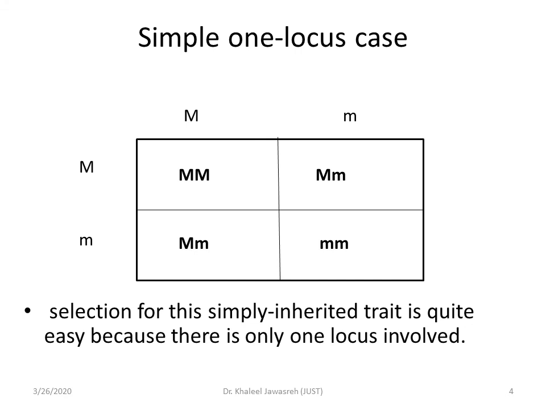And as you see from here, if we use what we call the Punnett square, if we mate two heterozygous individuals, M capital with M small and M capital with M small, the new offspring will be as you see here: M capital M capital, which will be of distinctive color.